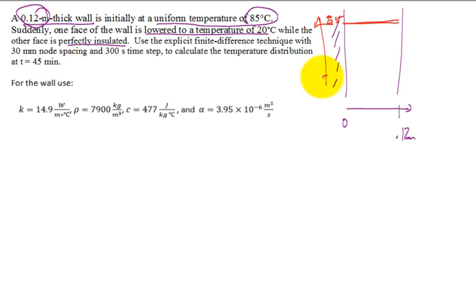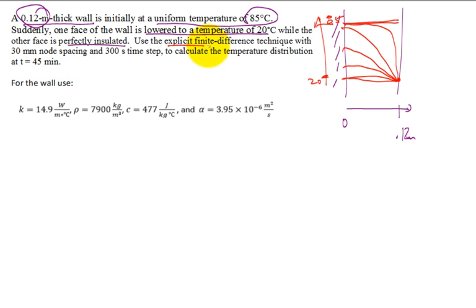Then boom, it jumps at this face down to 20. I would get some profile of temperature that would penetrate and cool it. And if I waited a long time, what would the temperature everywhere in my wall eventually go to? 20 degrees C. True? Okay.